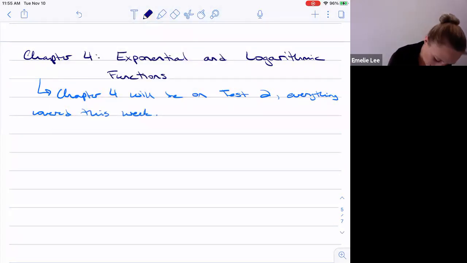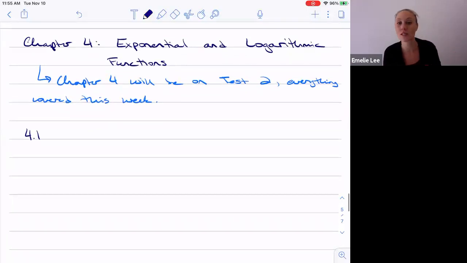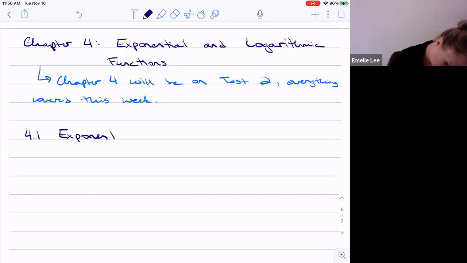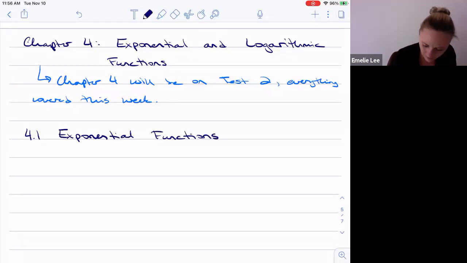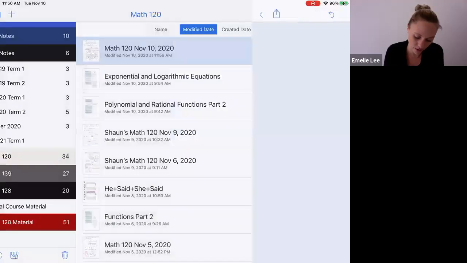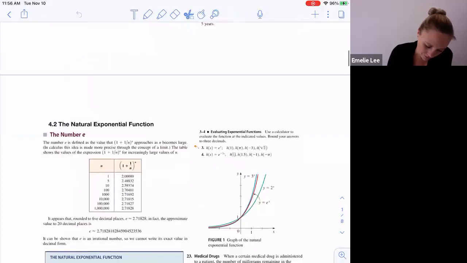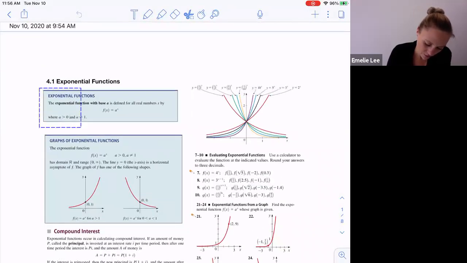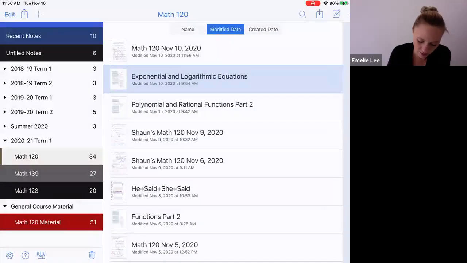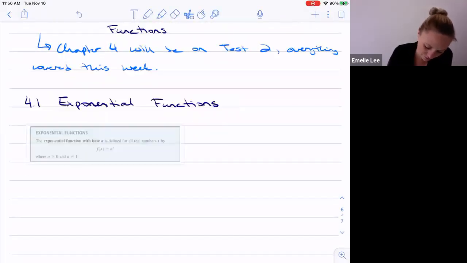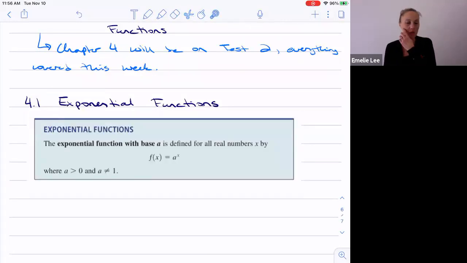All right, so 4.1, let's start talking about what is an exponential function. Let's go to the notes. So in 4.1, we talk about exponential functions. What makes it an exponential function is that the x is in the power.